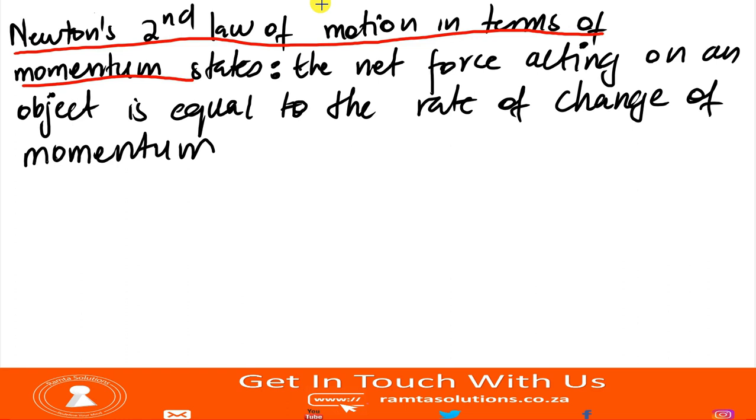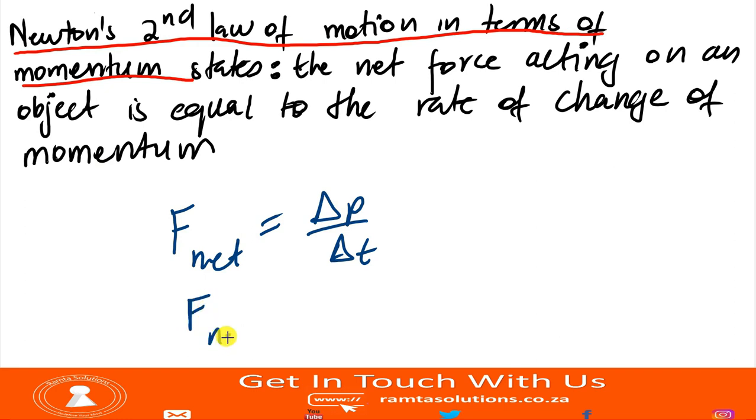Okay, perfect. So remember, guys, we have said F net is equal to delta P over delta T. So what this means is that F net is directly proportional to delta P. What does this imply?